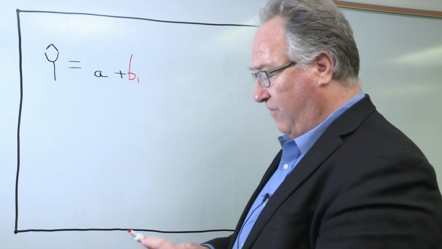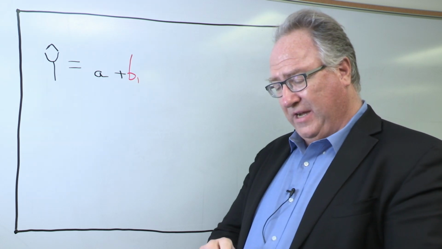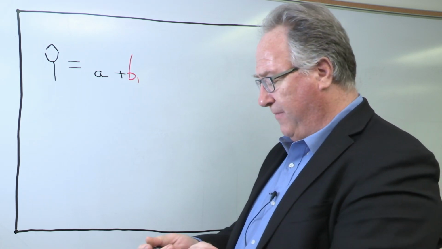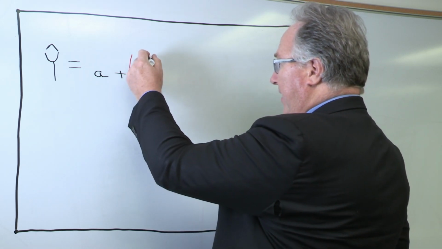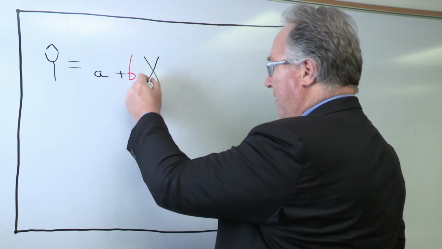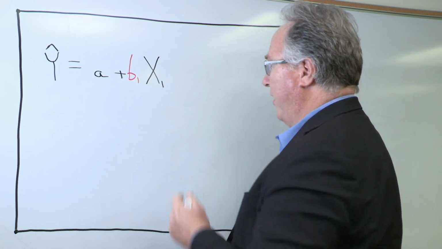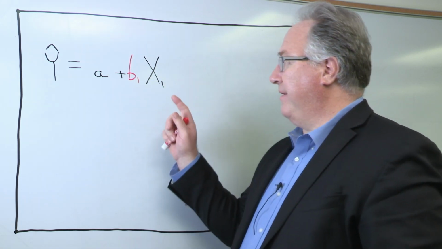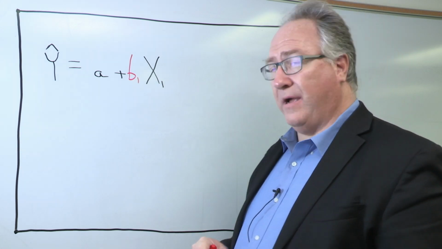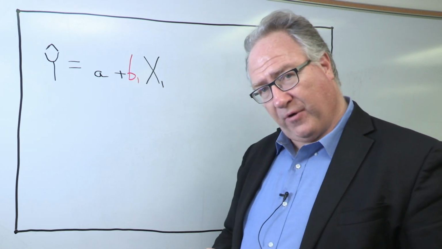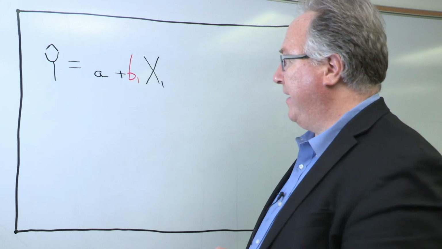So let's switch over now so we can keep these separate and distinct from one another. Here we have x sub 1, and that is your score on your first predictor variable measure.